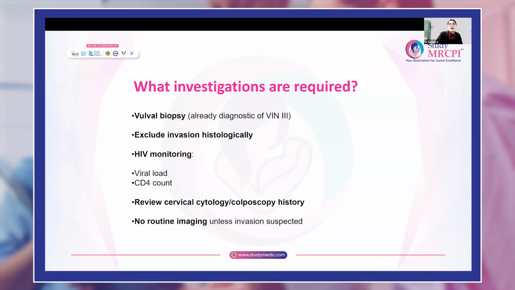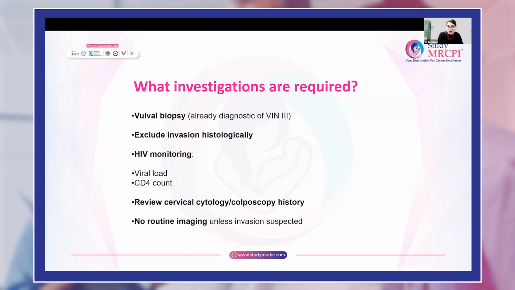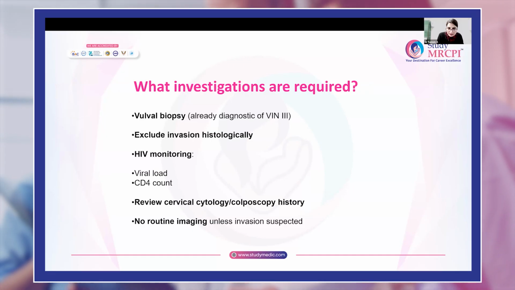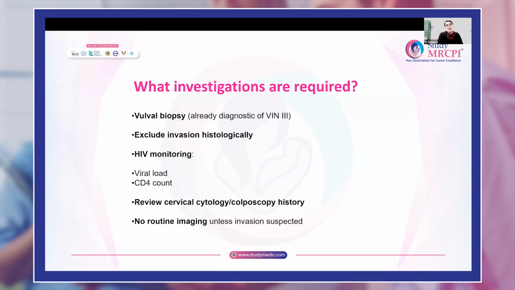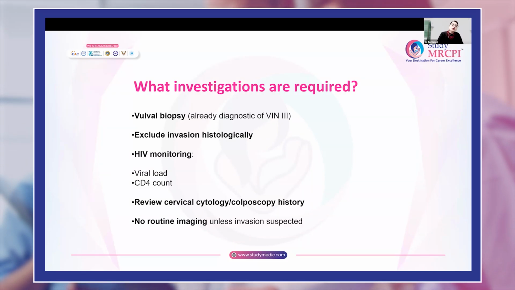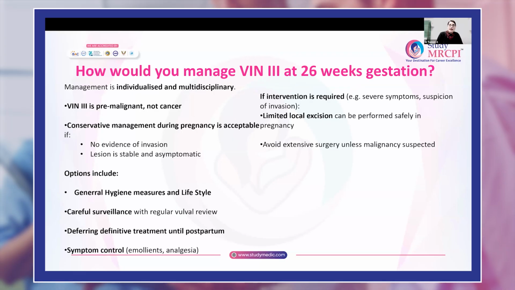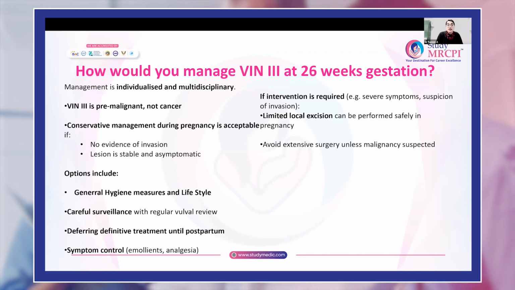Further investigations, apart from vulval biopsy: we have to do HIV monitoring for viral load and CD4 count. We have to review the cervical cytology and colposcopy, and no routine imaging unless invasion is suspected. The management of this woman would be individualized and by a multidisciplinary team. It is a pre-malignant lesion, not a cancer, so the woman should be reassured about fetal-maternal implications.